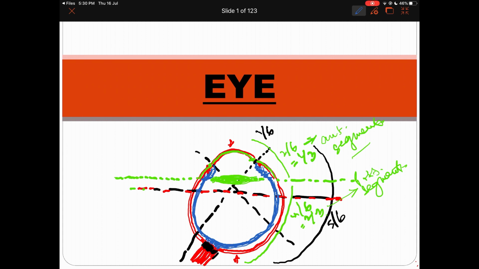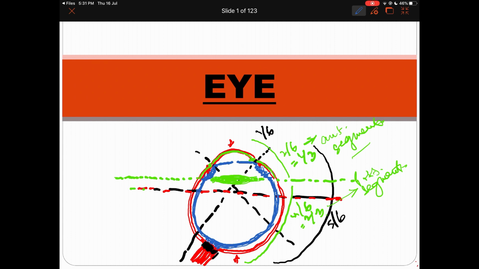Under the visible sclera is 1/6, and where you see the ciliary body finish, the next part of the vascular pigmented coat comes here, that is called the iris, which has an opening in the middle, called the pupil.